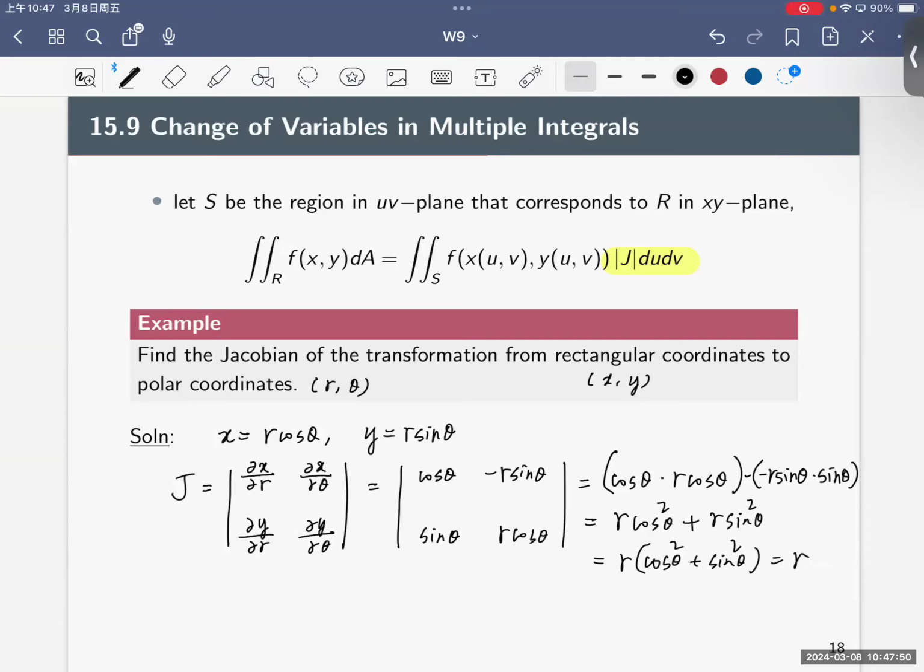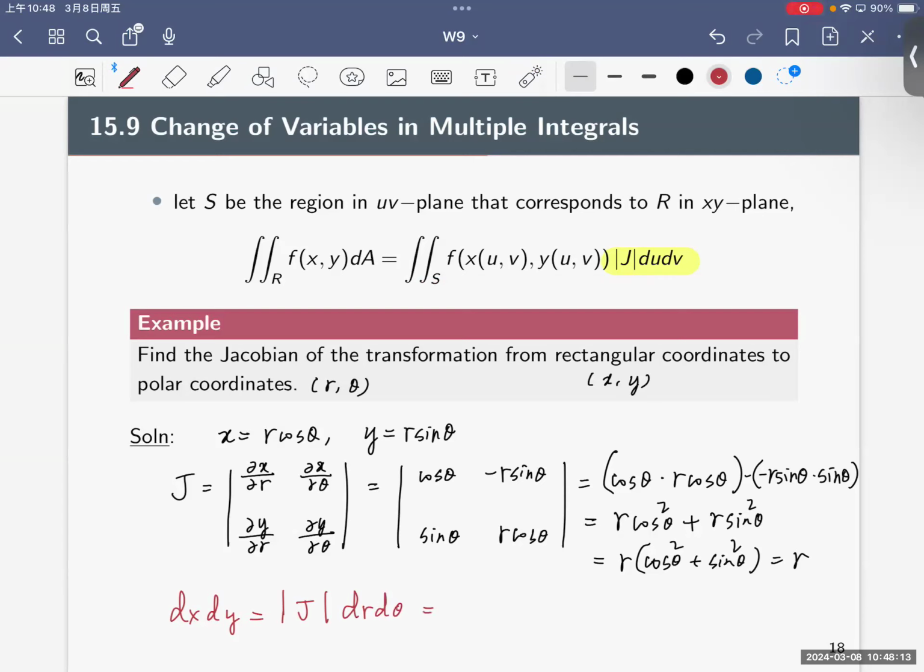So now we understand why. Let me write it here. According to the above result, dx dy should be equal to the absolute value of the Jacobian times dr d theta, right?